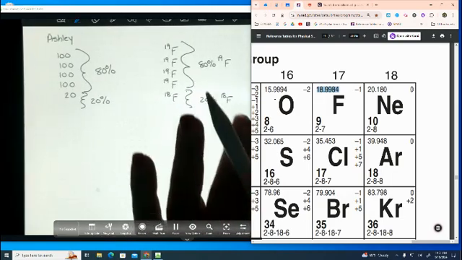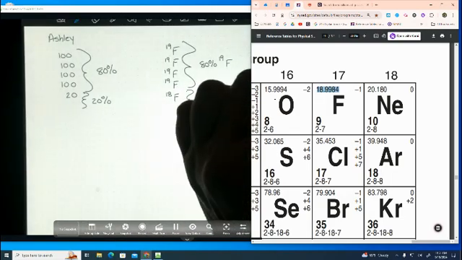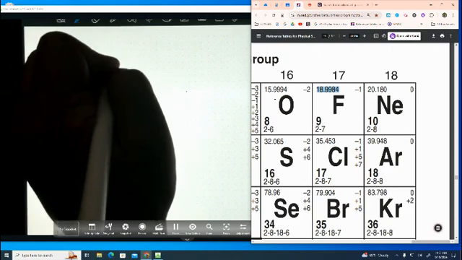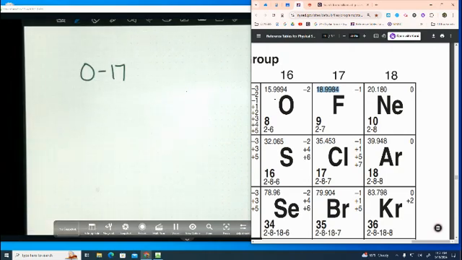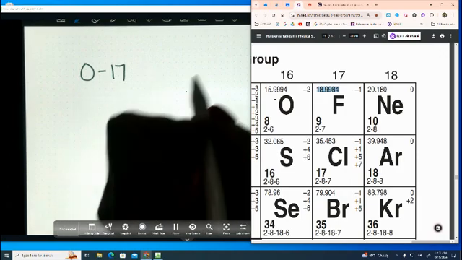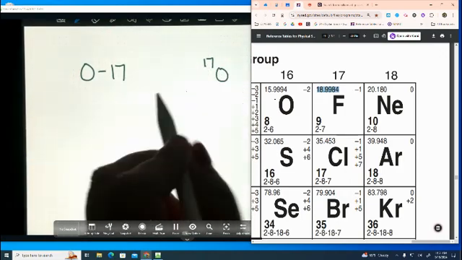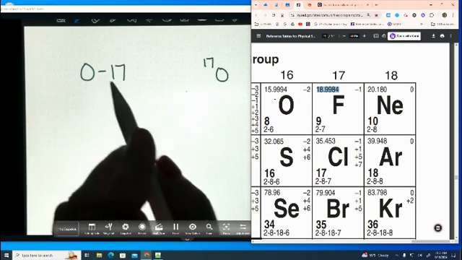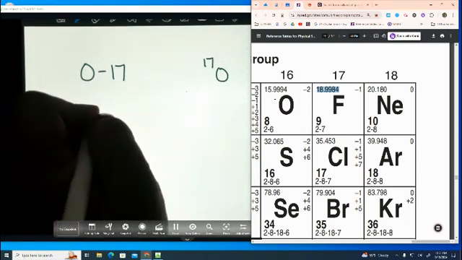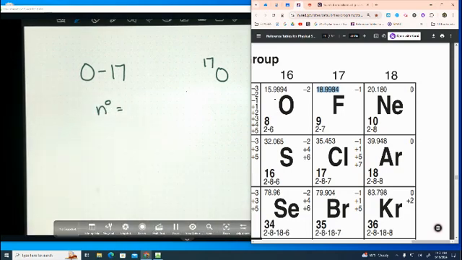Like let's say they say oxygen 17. Okay, this 17 is the mass number. Oxygen 17. These are the same. What is the number of neutrons in oxygen 17?